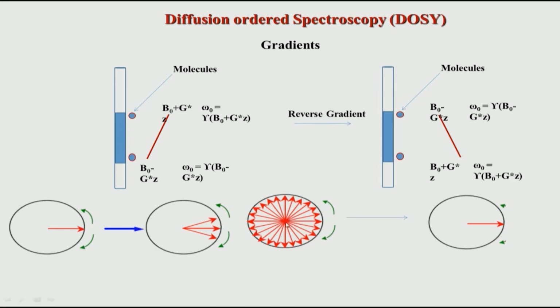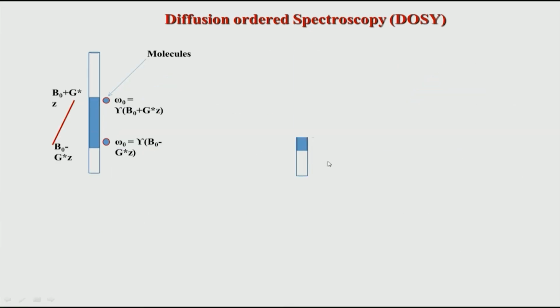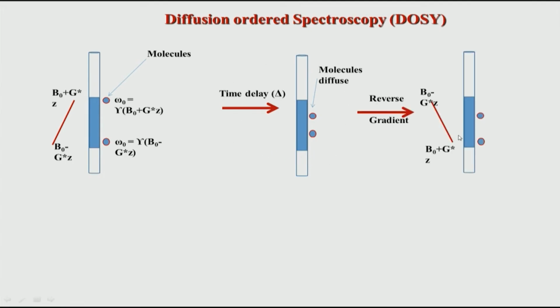So, this perfect rephasing shown here will work only if the molecules have not moved from their position, meaning the molecules have not diffused. Therefore, this gradient should be applied immediately after the first gradient. But in DOSY we give a delay, and because of this delay the molecules move and are not located in the same locations.